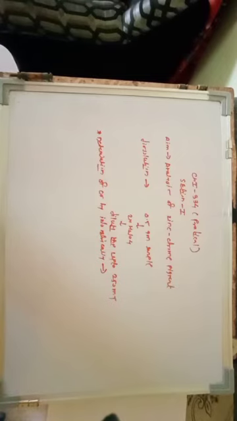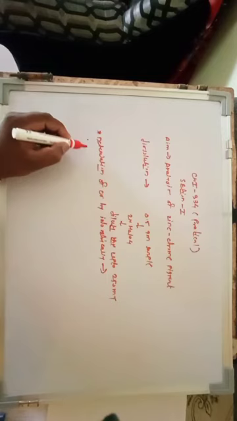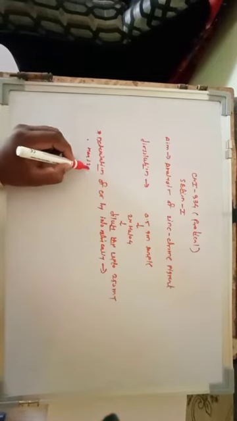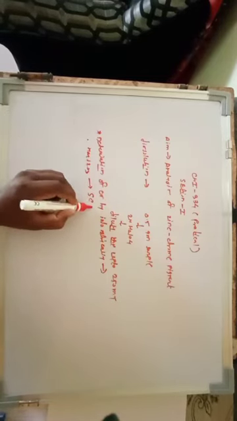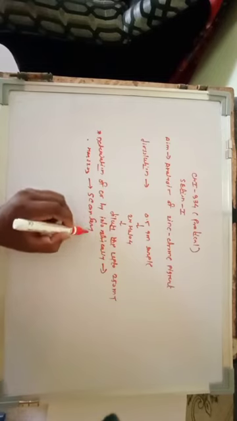So what is the procedure? Before the determination of chromium, we know that Na2S2O3 is a secondary standard substance.